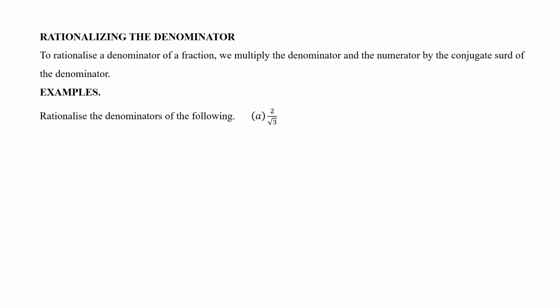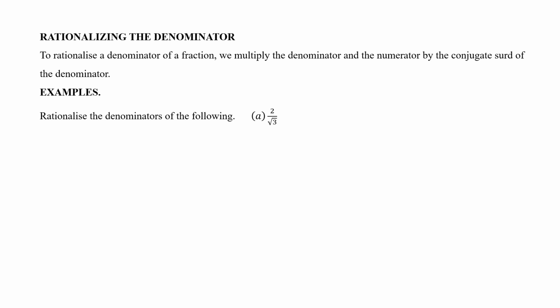Rationalize the denominators of the following. In part A, we have 2 over root of 3. In rationalizing the denominator, we are trying to eliminate a surd from the denominator. That is why we get the conjugate and multiply it in both the numerator and the denominator.